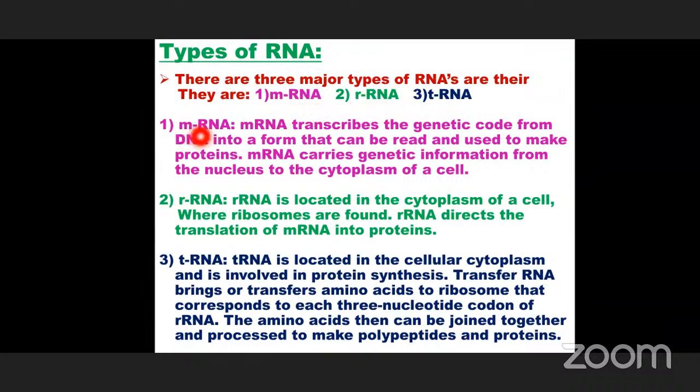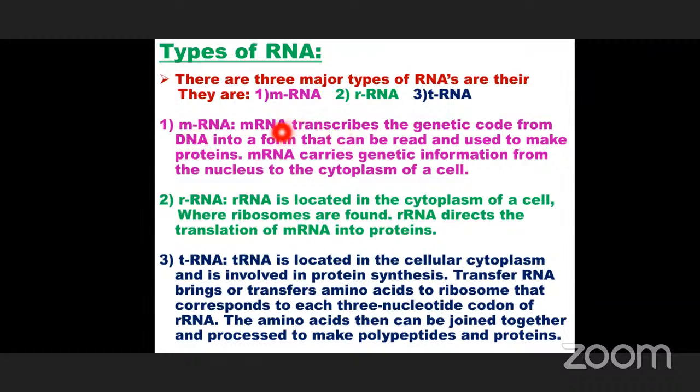Let us discuss mRNA, messenger RNA. This mRNA transcribes the genetic code from the DNA into a form that can be read and used to make the protein. All of you listen carefully. This mRNA is synthesized from the DNA molecule through the transcription process.